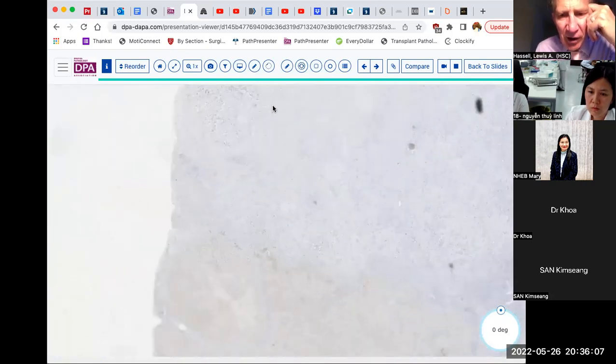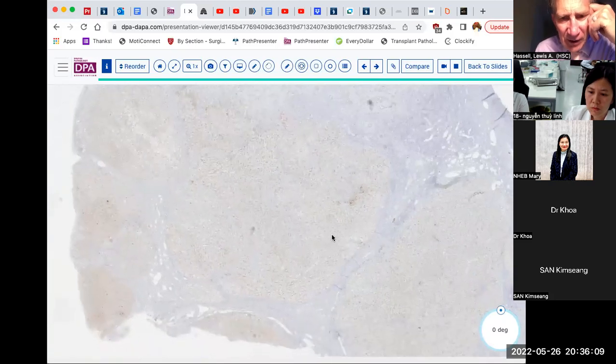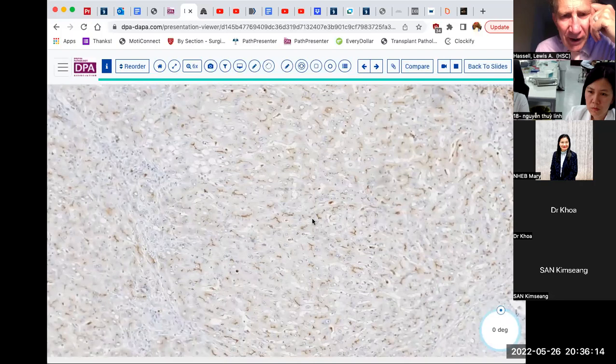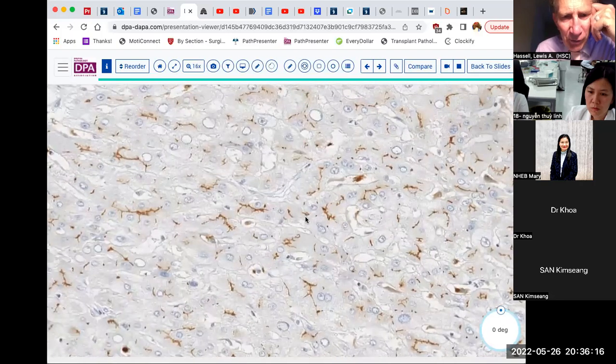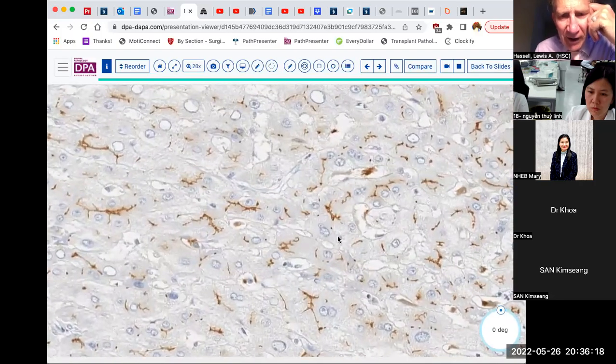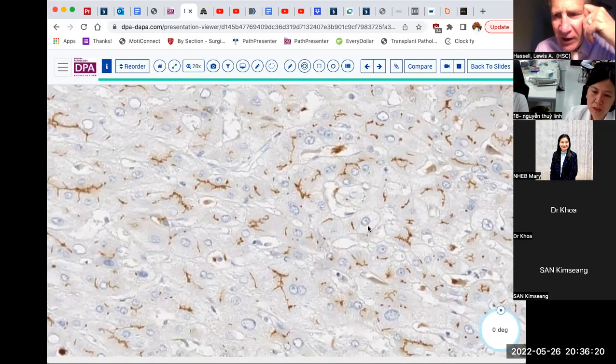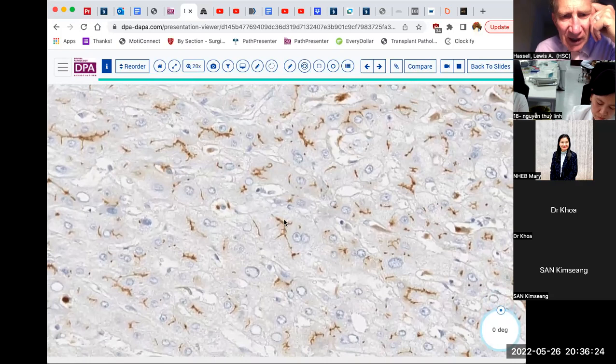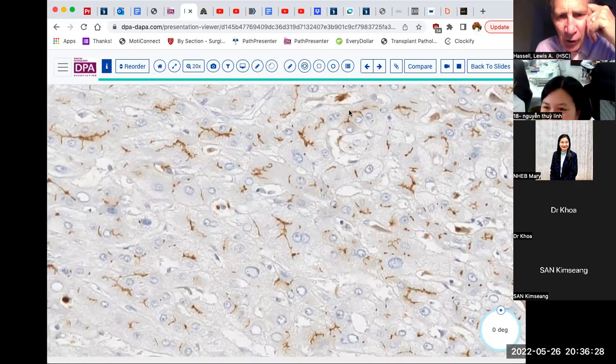So as we look here at the subject target tissue, let's look here at the liver tissue areas. And does anyone recognize this pattern? So we've got some staining here in and around these hepatocytes.